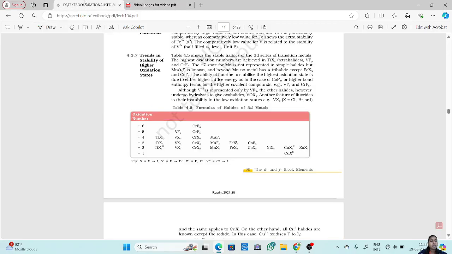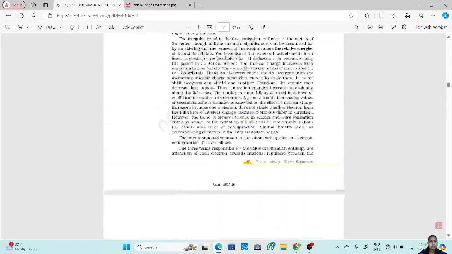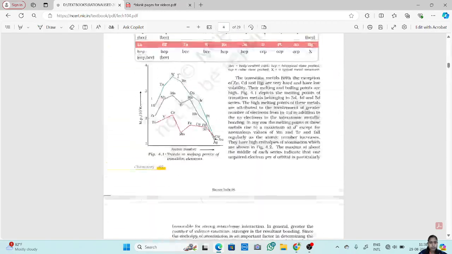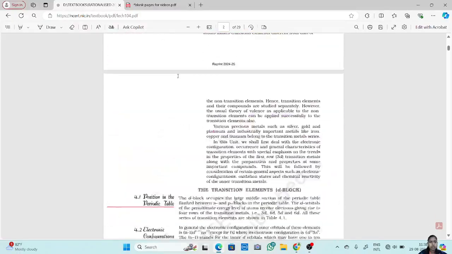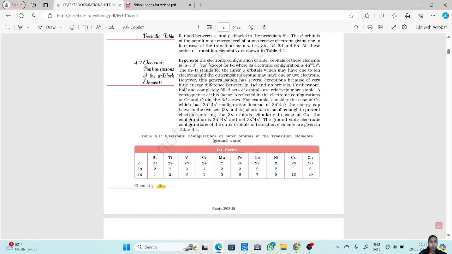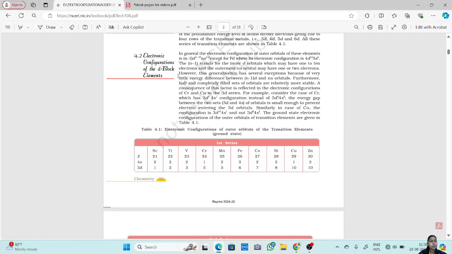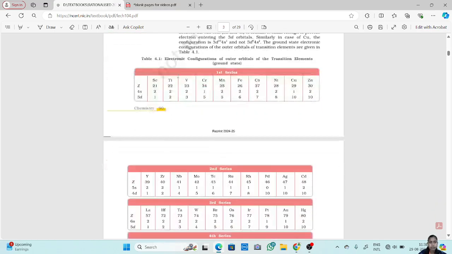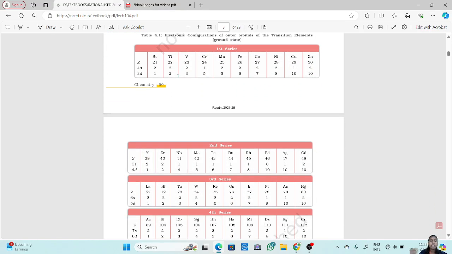Then we have seen some of their properties. The position in the periodic table, as you all know, is between S and P block elements. Then we have seen the electronic configuration. The first series of transition elements is very important.